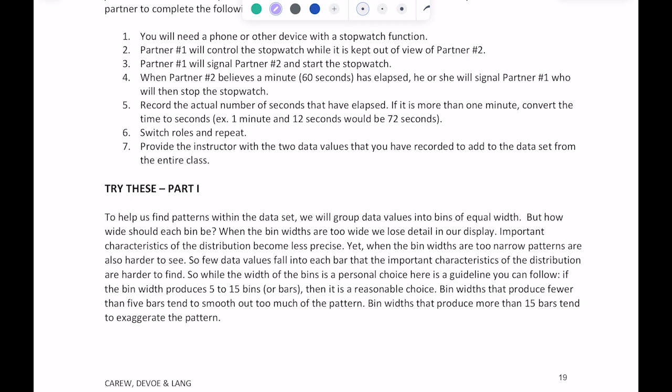And if they're not too wide, if they're narrow, you end up with pancakes or a flattened graph because you can't fit many data points into that bin. So we have kind of an unwritten rule where you want to have a histogram that produces anywhere from 5 to 15 bins or bars, okay? So that's usually a reasonable choice, all right?